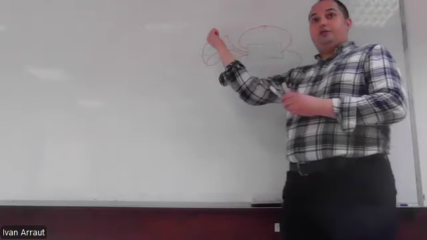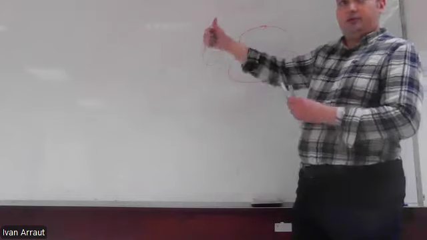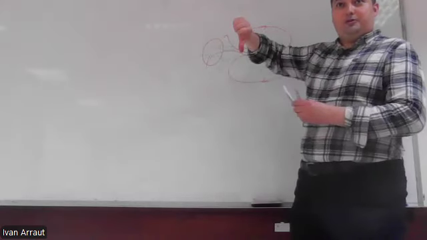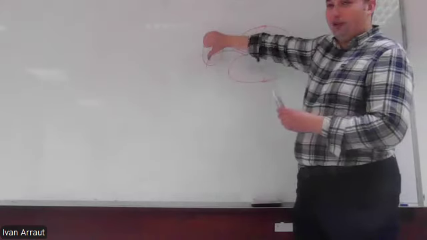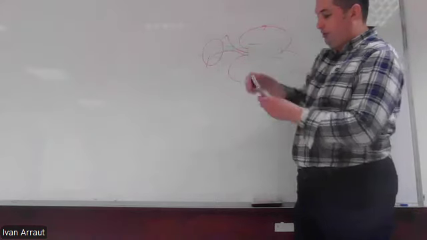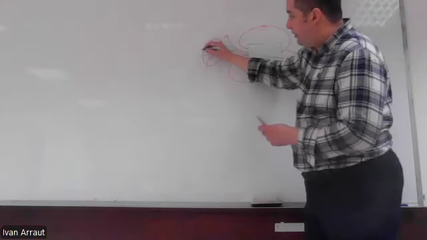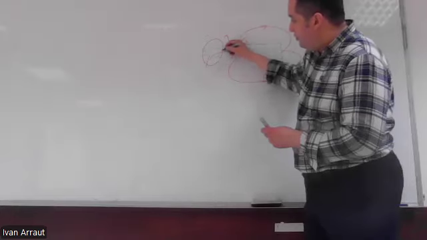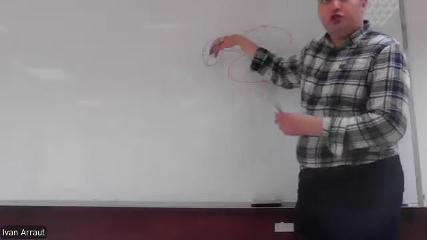If it goes here or it goes here. Like this, towards us. It should be in this direction, so let's put the arrow here. There is an induced current in this direction.